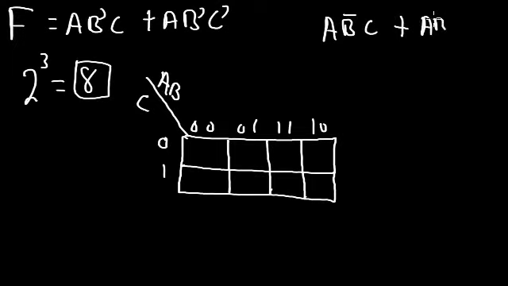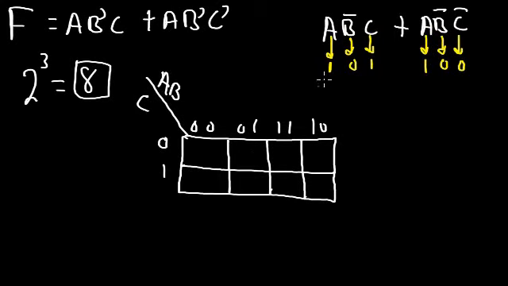So you know that the bar usually refers to 0, and the single input is 1. This is 1, this is 0, this is 1.